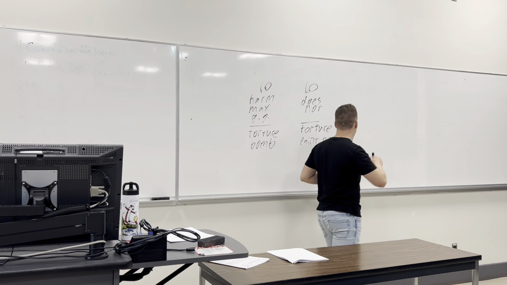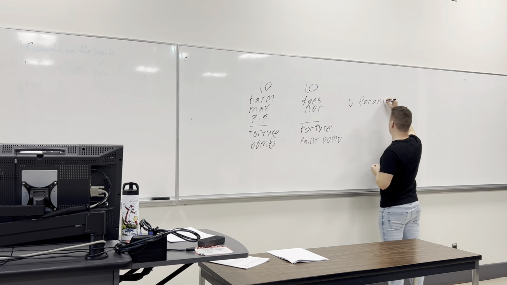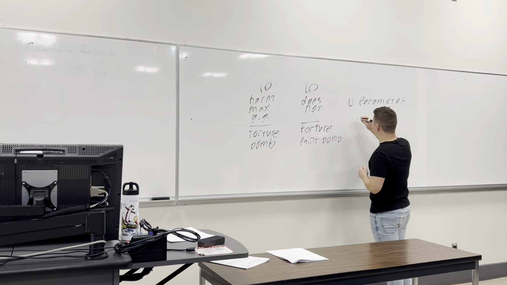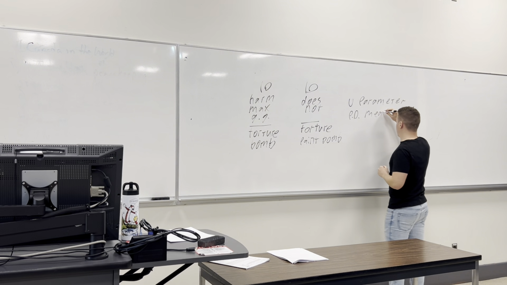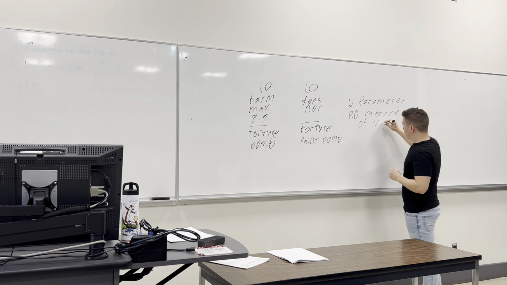Unfortunately, there are different terms for this. In some parts of the paper, they call it the U parameter, or utilitarian parameter. In the tables, they call it the PD, process dissociation measure of utilitarianism. But that's what it is.